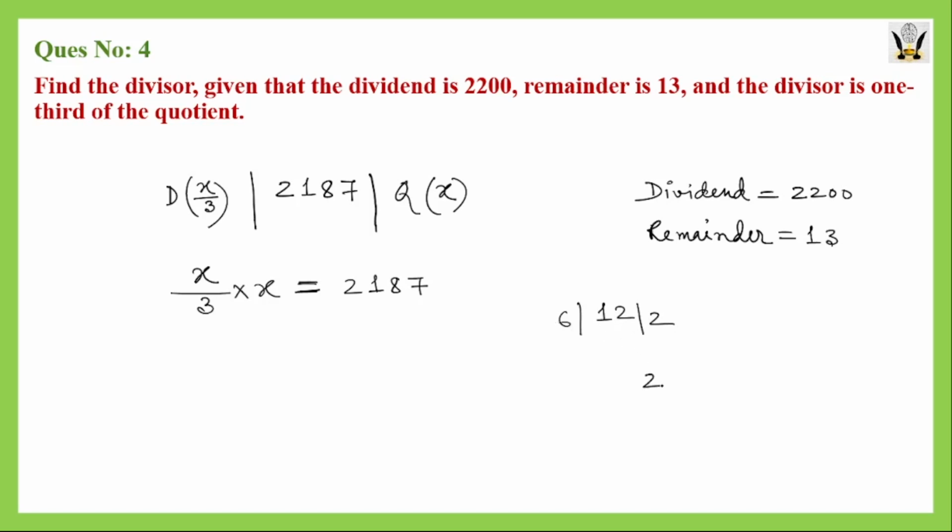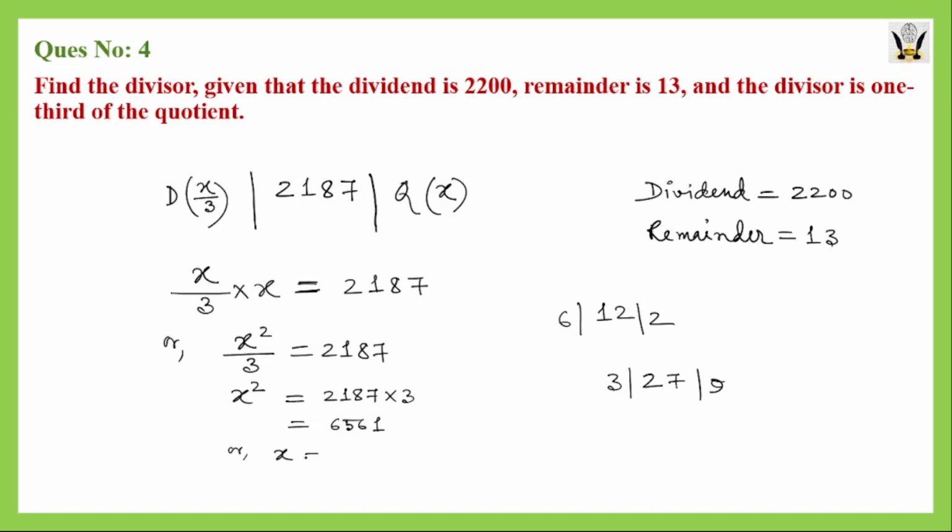If we have 27 and we divide by 3, then it will be 9, that means 3 9s are 27. So if we now simplify this relationship, where x squared divided by 3 equals 2187, then we will find the value of x. So x squared will be 6561, and from this relationship, x will be 81.